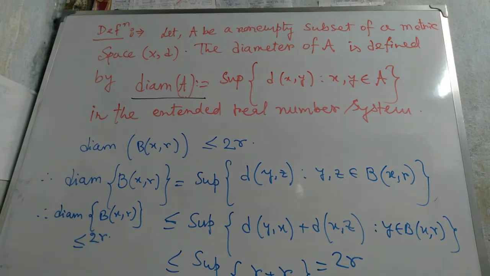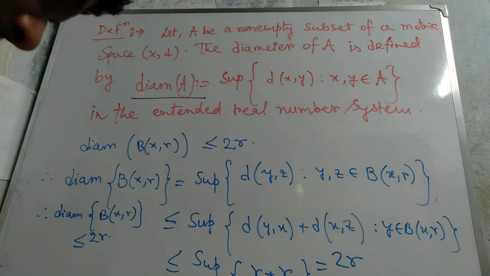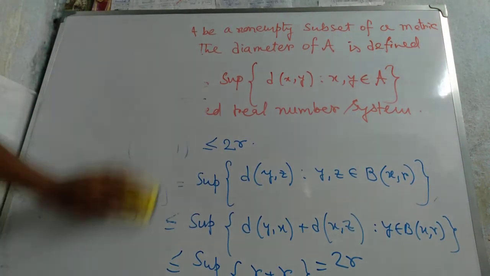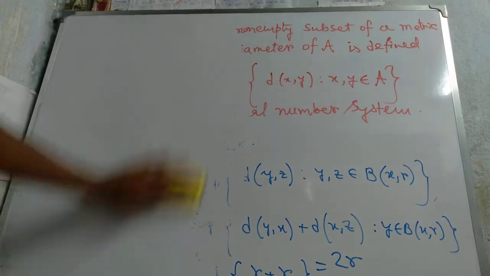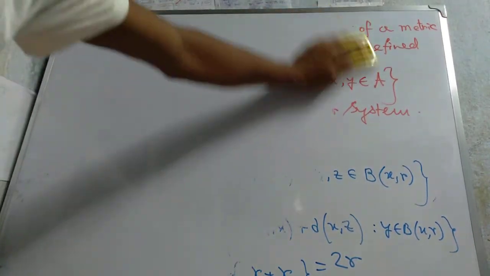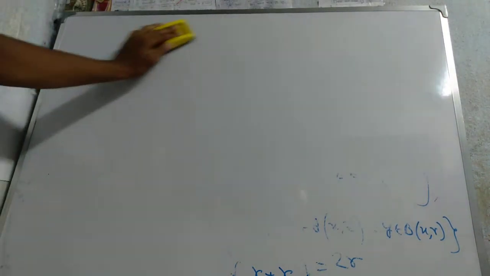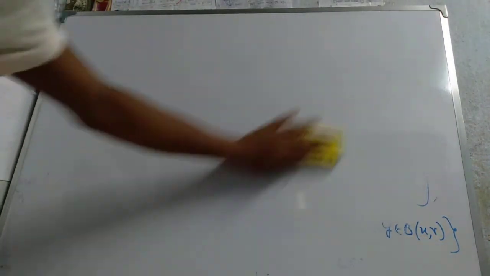Now we're going to another problem. We erase these portions. This problem is: a subset is bounded if it is empty or its diameter is finite.